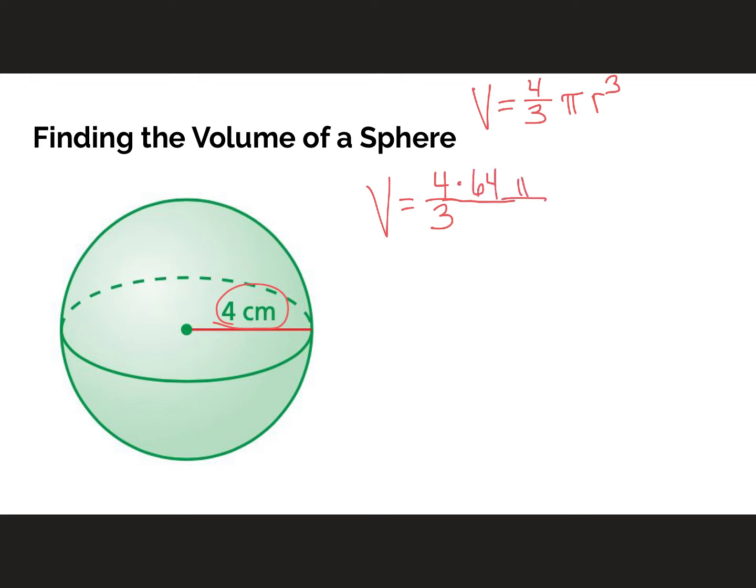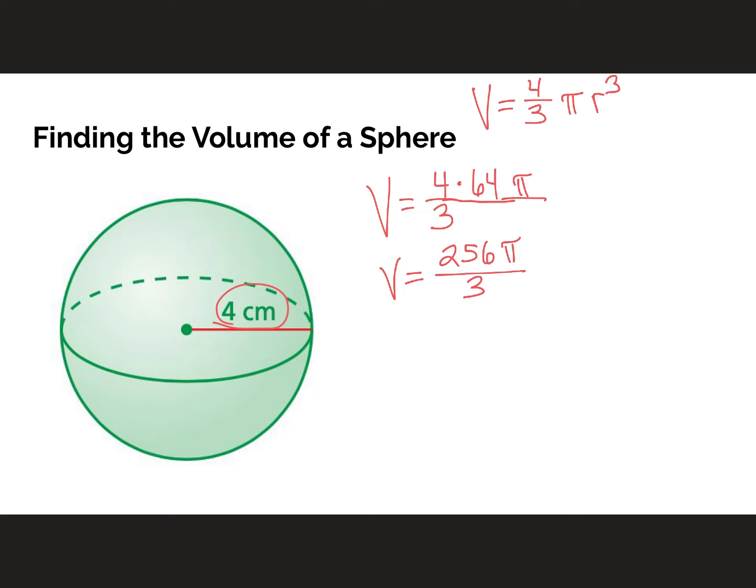And then times pi. Well, 4 times 64 gives me 256. My volume equals 256 times pi divided by 3.